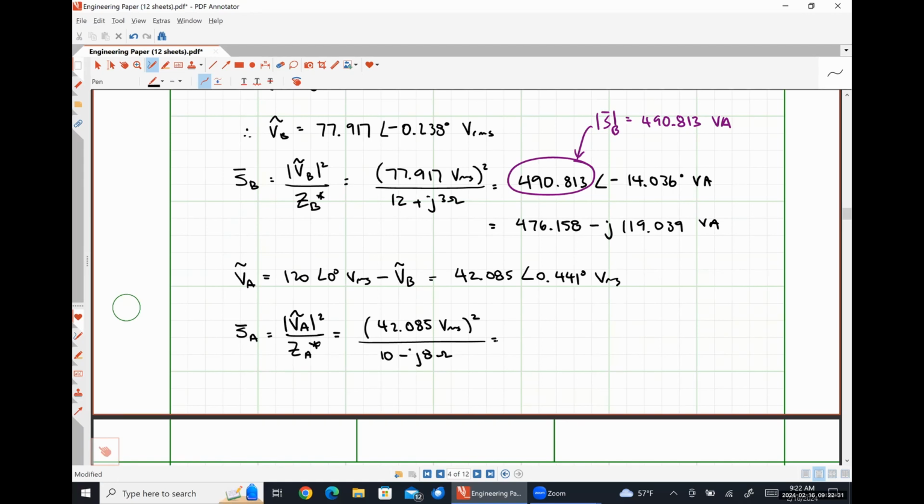I get to be 138.304 angle positive 38.660 degrees.